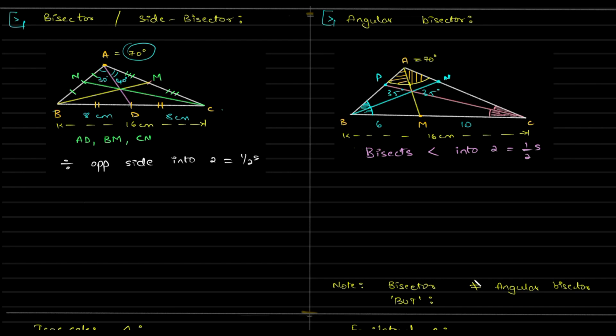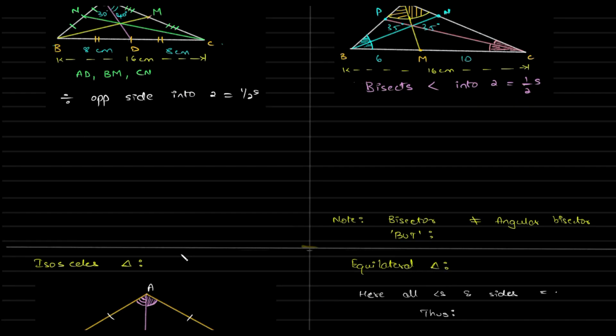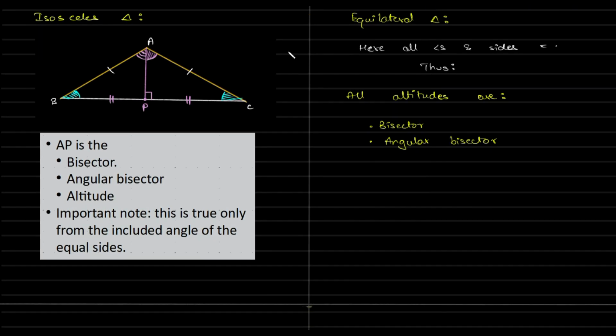So bisectors need not be equal to angular bisectors, but there are exception cases, and the cases being the isosceles triangle and equilateral triangle. In an isosceles triangle, from the vertex containing equal sides, if we draw a perpendicular line, it acts like a bisector, angular bisector and altitude.